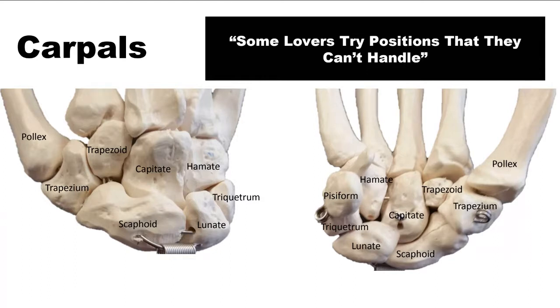This mnemonic gives us the first letters of each bone's name. Scaphoid, lunate, triquetrum, pisiform. We also then have to begin underneath the thumb for the trapezium, trapezoid, capitate, and hamate.